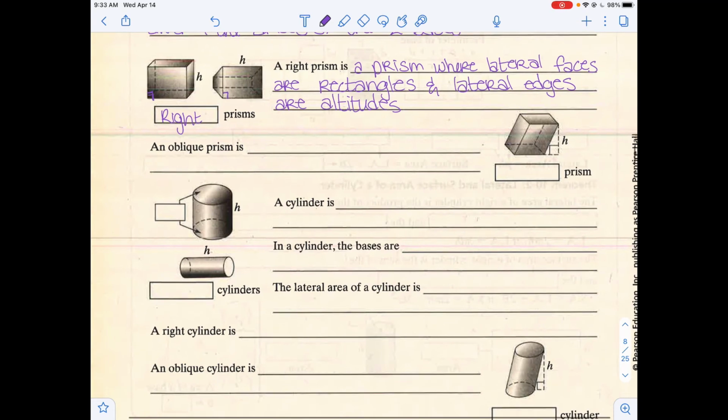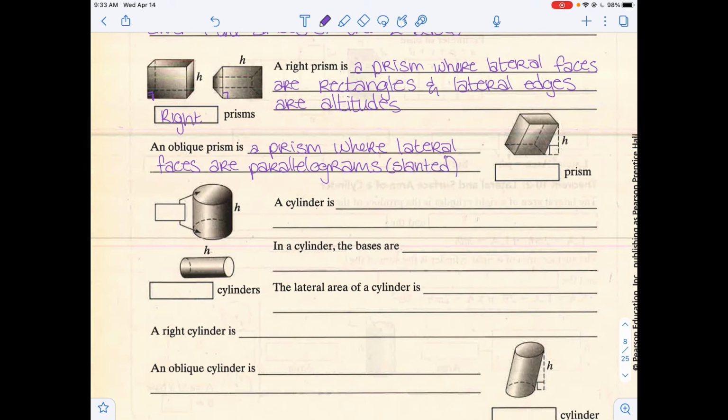Okay, an oblique prism is a prism where lateral faces are parallelograms. And I think of these as slanted prisms because usually it kind of looks like they're tipped over. So like this would be an oblique prism.